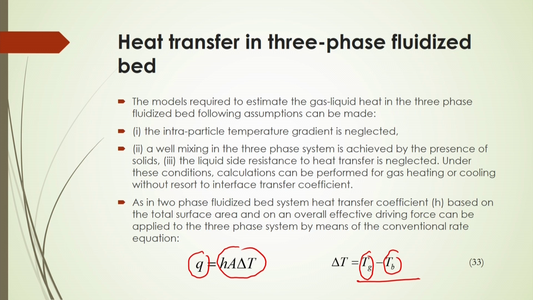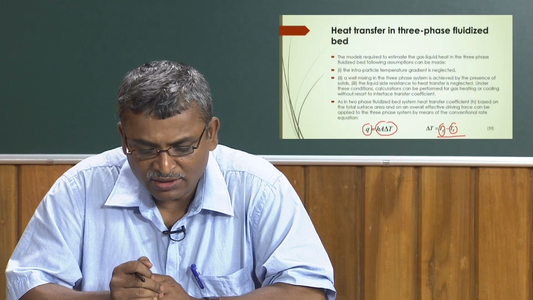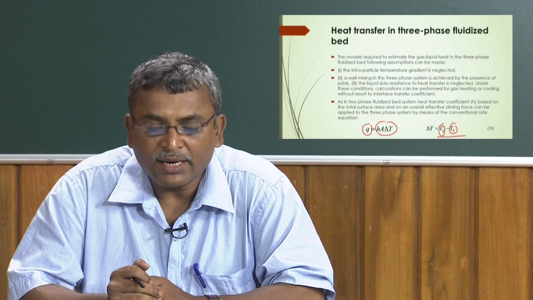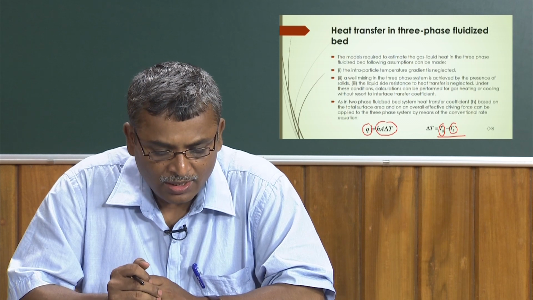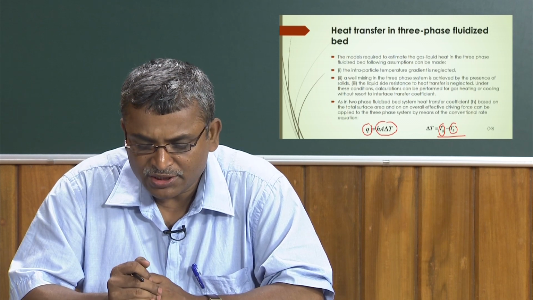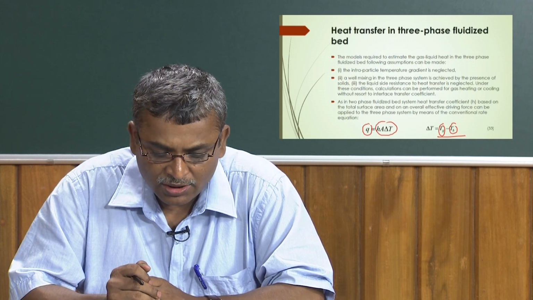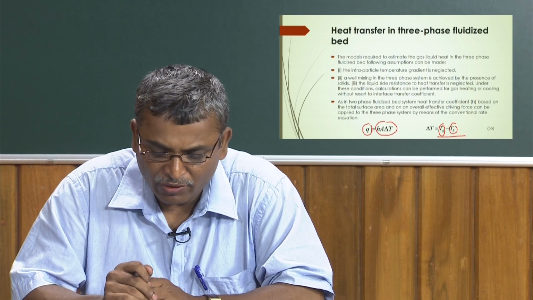In this case, models are required to estimate the gas liquid heat transfer in the 3 phase fluidized bed by following assumptions. The intra-particle temperature gradient should be neglected, and the wall mixing in the 3 phase systems will be achieved by the presence of solids, and the liquid side resistance to heat transfer should be neglected for measuring the heat transfer coefficient.